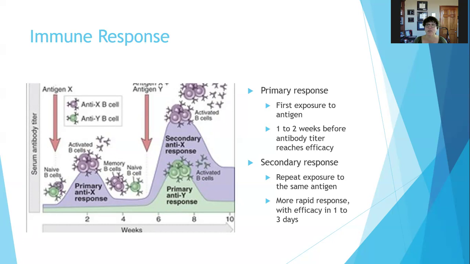And so if the primary response kills you, you never get to develop a secondary response. So that's how COVID got a lot of people, unfortunately. But now most of us hopefully have been vaccinated, and your vaccination is your primary response. So then when you get exposed, your secondary response is a lot faster, and hopefully it won't kill you.